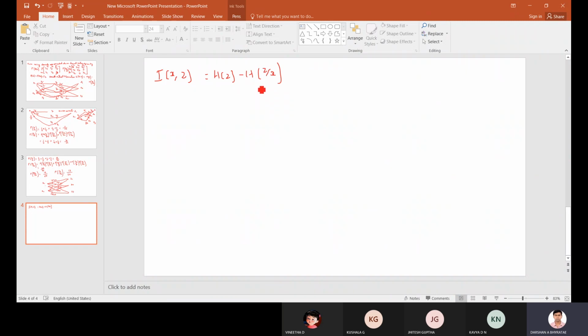If I want to determine H of z by x, I need the joint probability matrix.